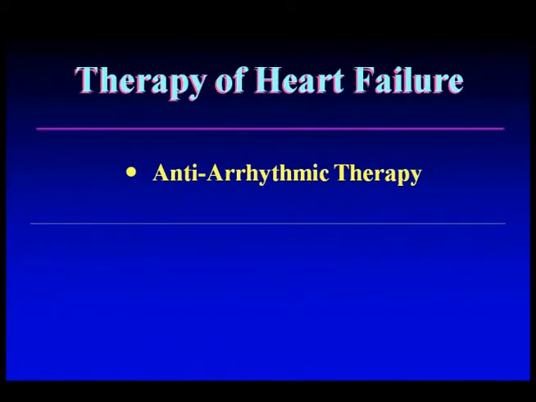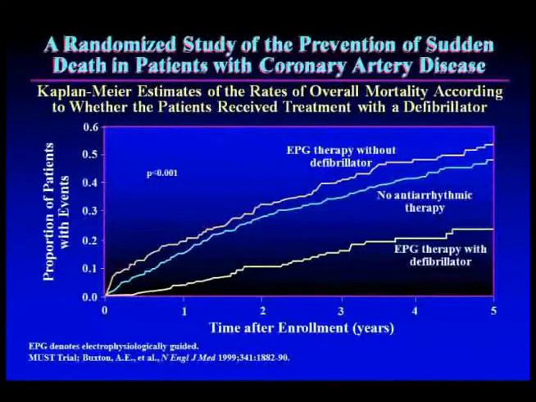What about isosorbide dinitrate and hydralazine chronically? This has been studied in African Americans and blacks with heart failure by Anne Taylor and colleagues, and in fact, isosorbide and hydralazine did reduce mortality in blacks with heart failure.